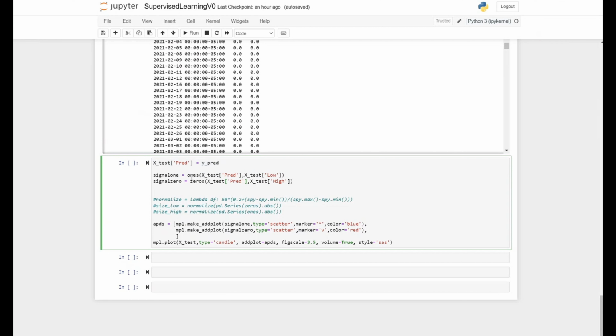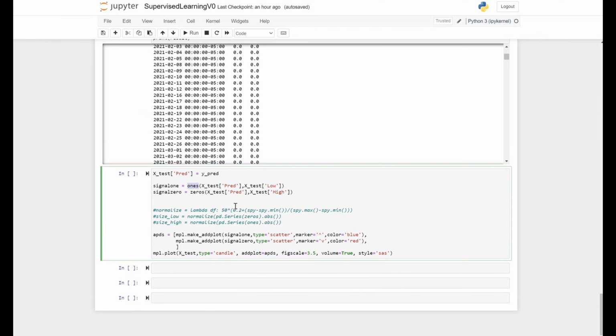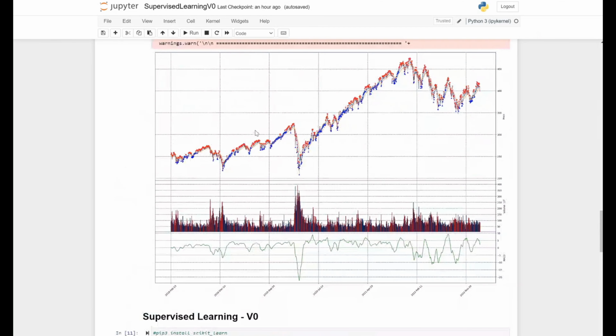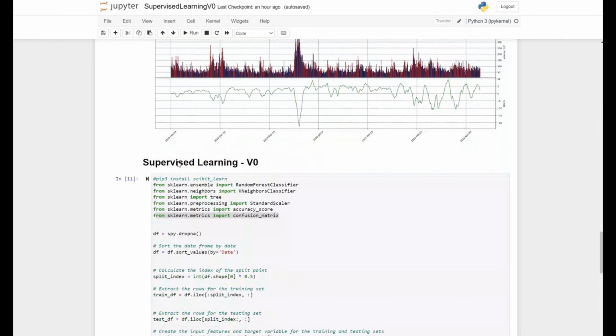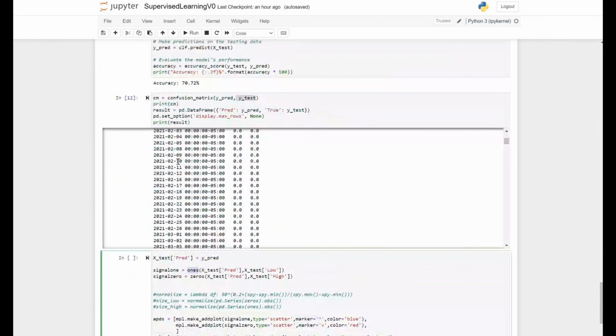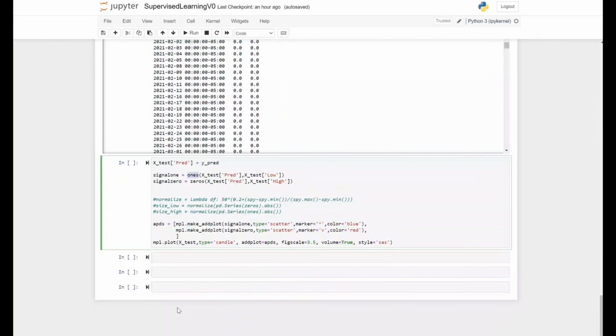We call the ones and zeros functions that we defined earlier when we visualized the label data. We defined ones to generate the signals for the days with label one, and zeros to generate the signals for the days with label zero. So here, we just call these two methods.